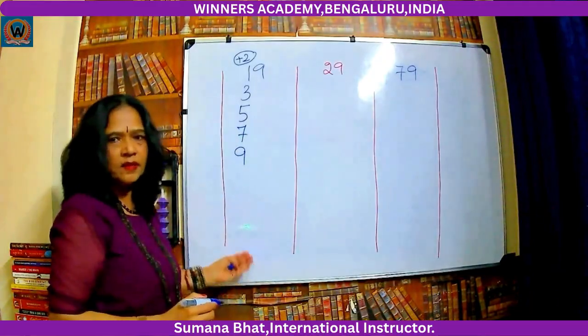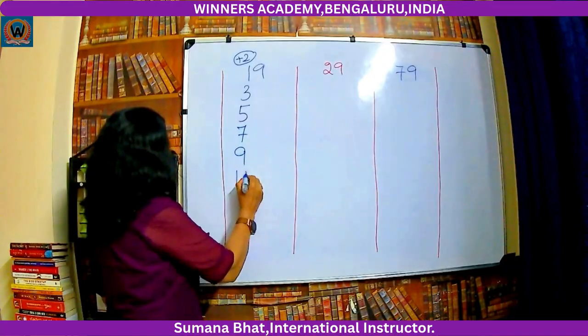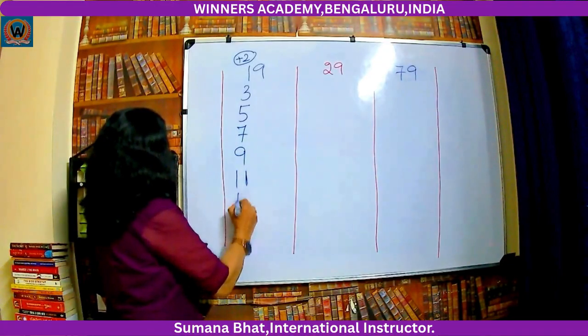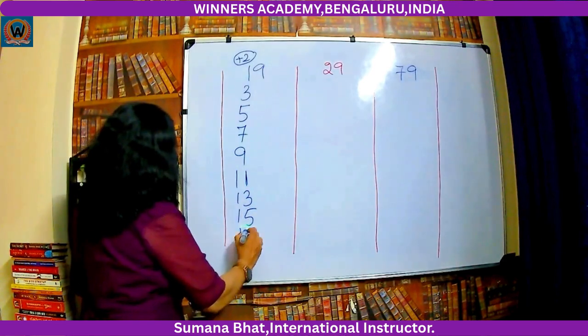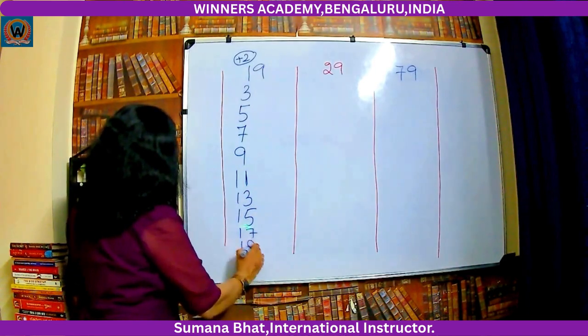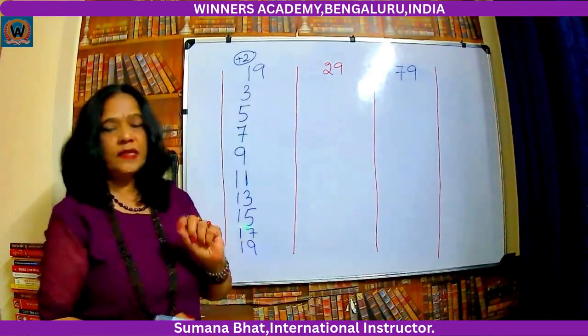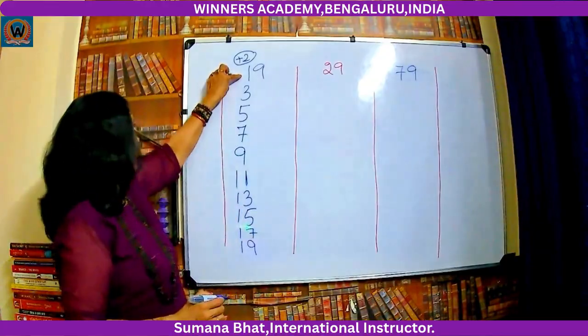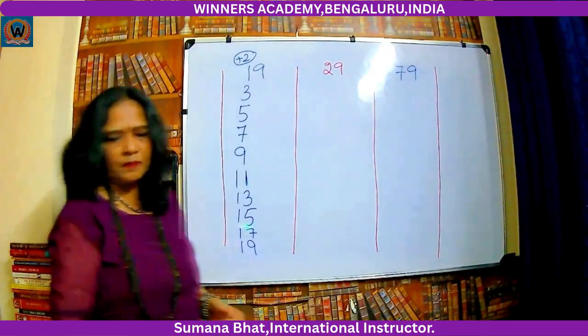Go on adding 2 for each step. 9 plus 2, 11. 11 plus 2, 13. 13 plus 2, 15. 15 plus 2, 17. 17 plus 2, 19. You have to write the numbers up to the given number. Started with 19, ending with 19. Okay.